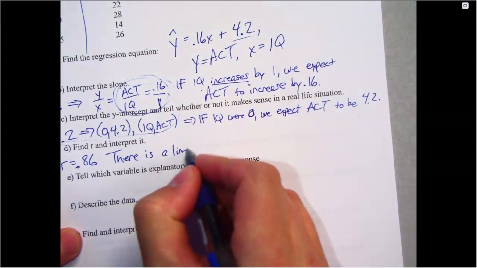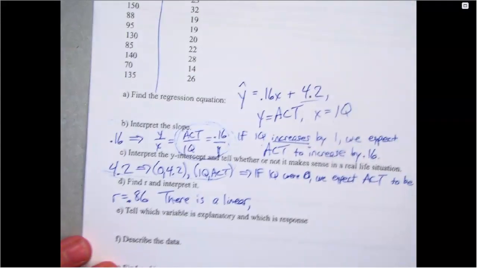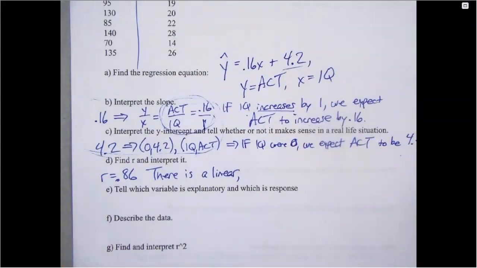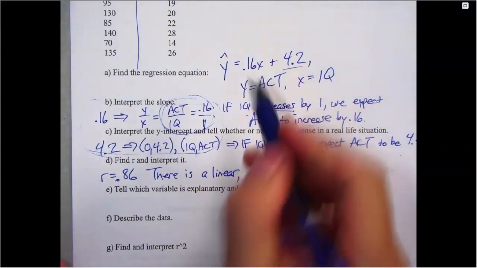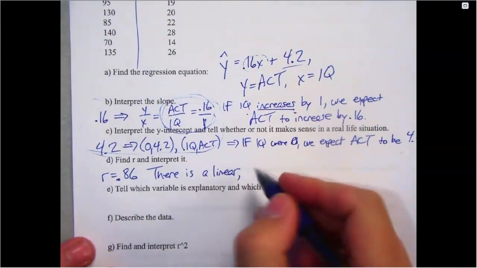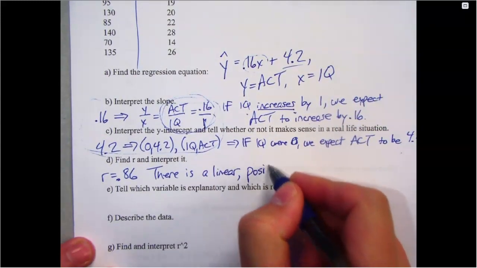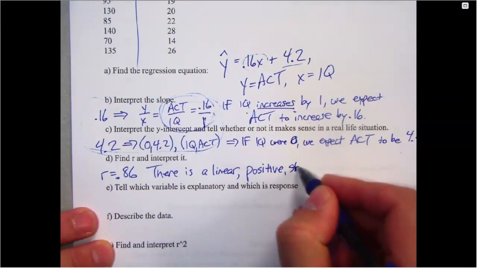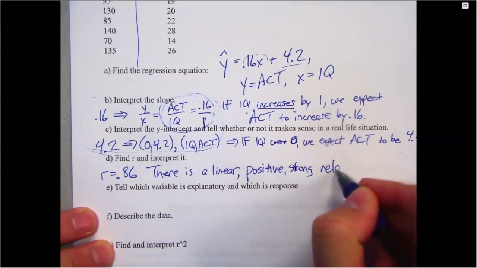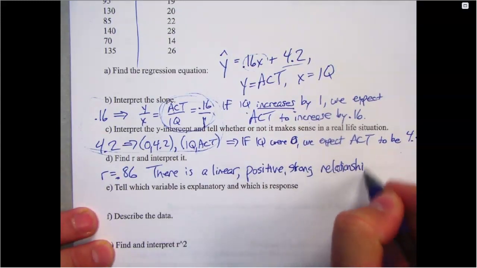So there's a linear form, and then direction. What are my options? Positive or negative. In this case, it's positive. I can tell by looking at the graph going up, or I can tell because the slope is a positive number. And then 0.86: strong, moderate, weak? Where are we at there? That's strong, right? Strong relationship.